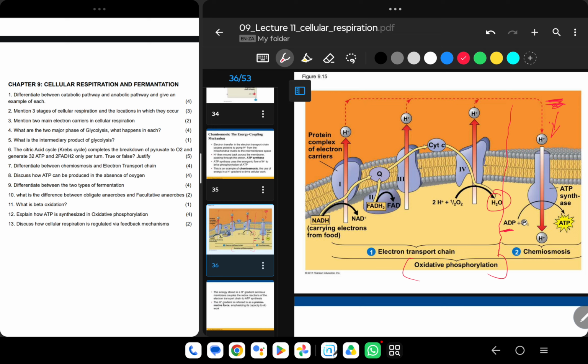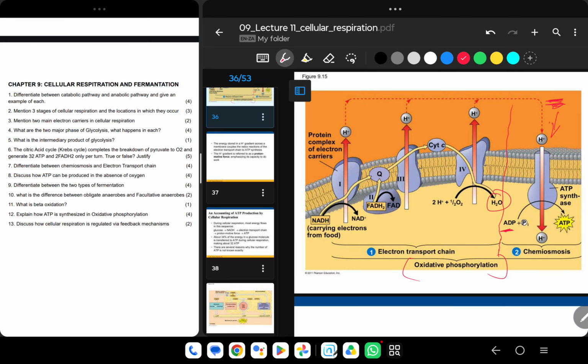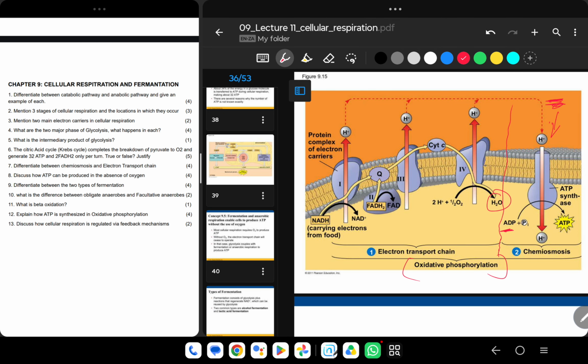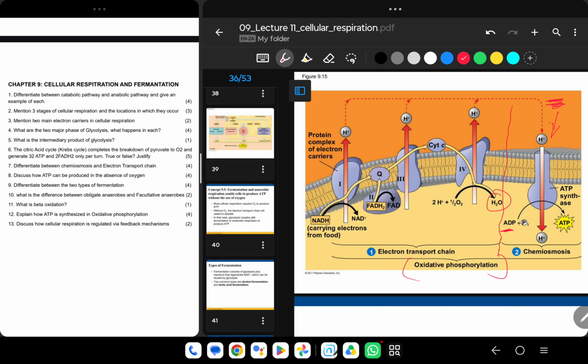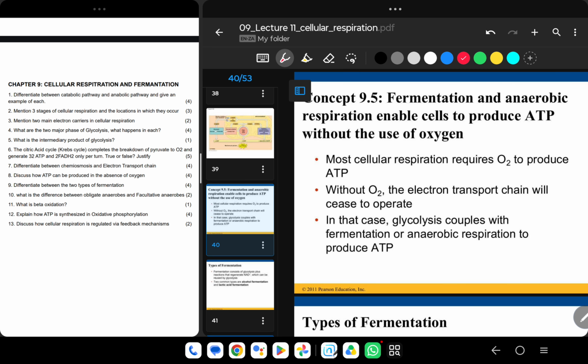We want to explain how ATP can be formed in the absence of oxygen. ATP can be formed in the absence of oxygen by coupling glycolysis with fermentation.